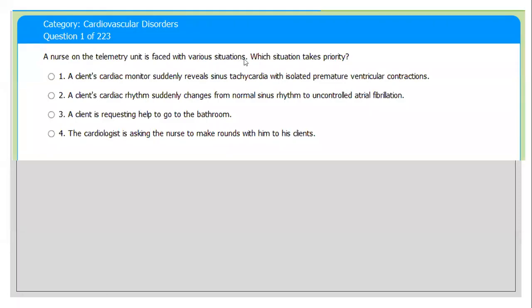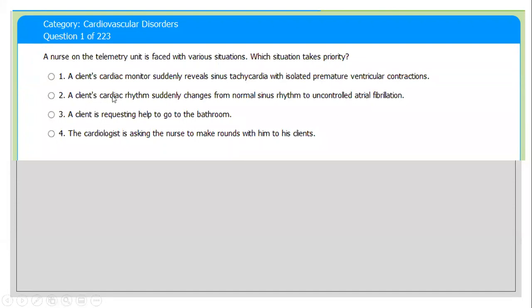A nurse on the telemetry unit is faced with various situations. Which situation takes priority? Number one, a client's cardiac monitor suddenly reveals sinus tachycardia with isolated premature ventricular contractions.